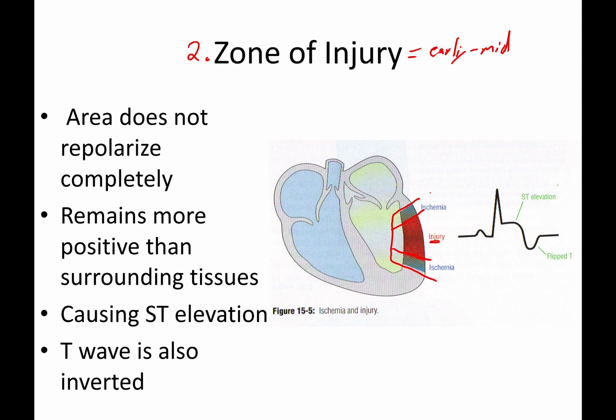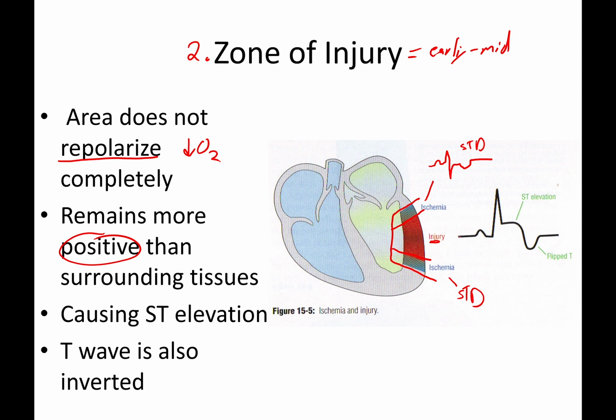So you can assume that in these ischemia zones, you're seeing a PQRS with depression and a flipped T wave. So you have ST depression through these parts, whereas in the injury zone, because we're not repolarizing correctly due to lack of oxygen, that area remains more positive.